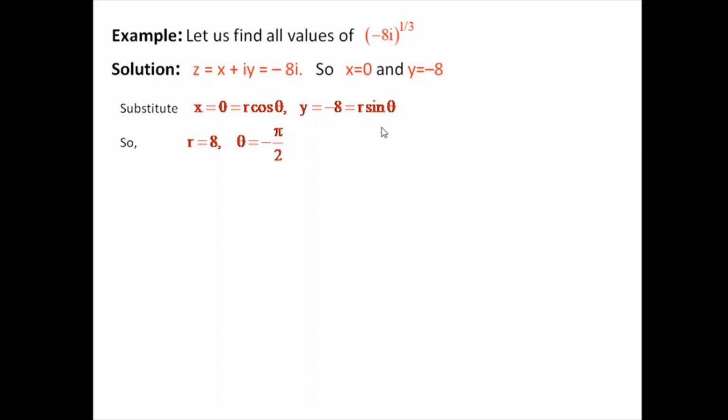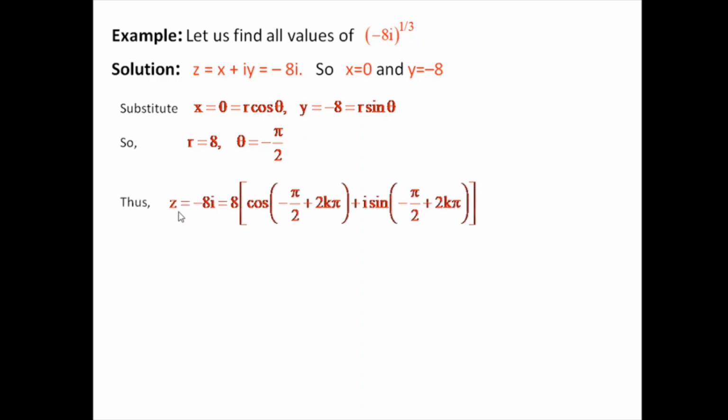Once you calculate this, minus 8i can be written in polar form. So z, which is minus 8i, is written in polar form as 8 times cos of minus pi by 2 plus 2k pi plus i sin of minus pi by 2 plus 2k pi. Then we just need to find its three roots, so raised to power 1 by 3. So plug it in.